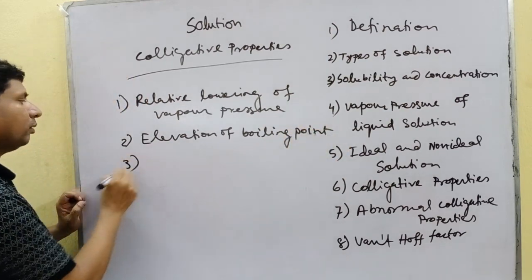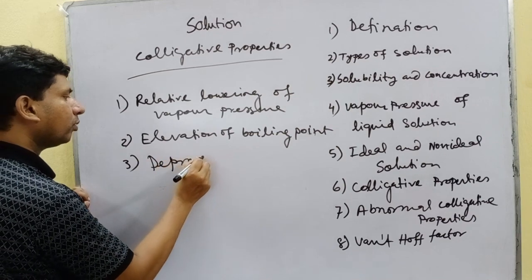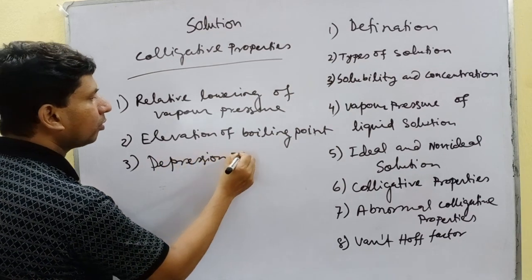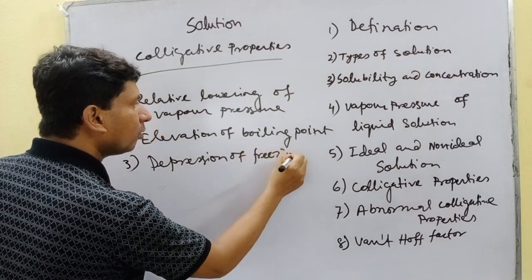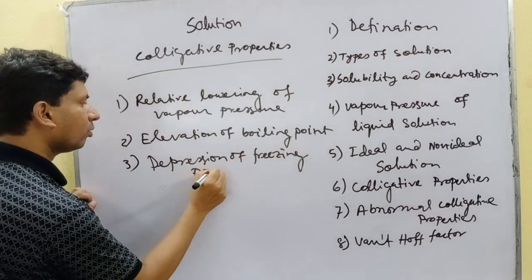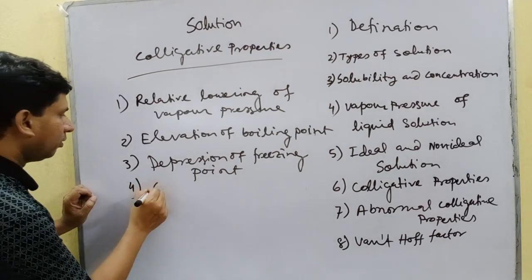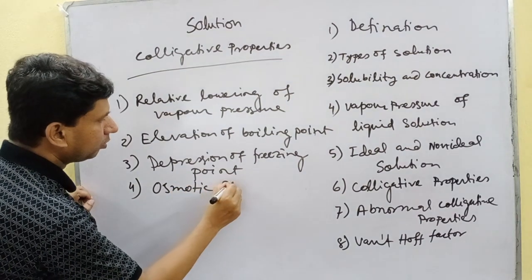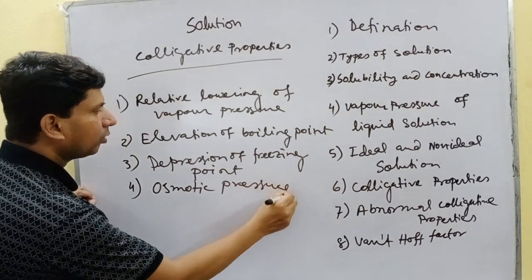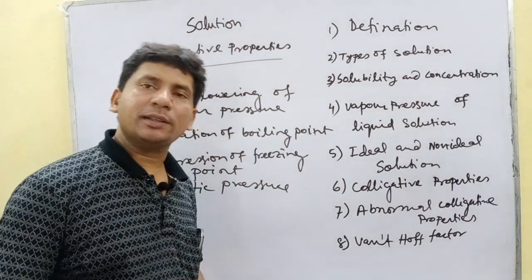Number 3, depression of freezing point. And 4, osmotic pressure. These 4 colligative properties I will cover in this lecture.